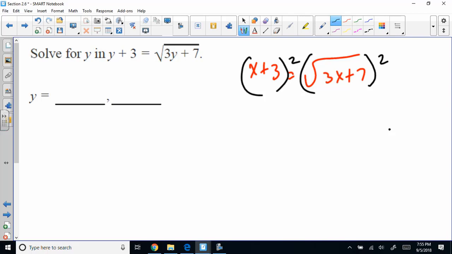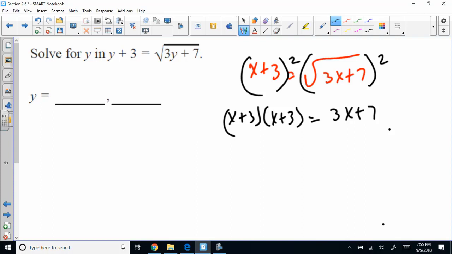That's called a perfect square trinomial. So what we've created is a perfect square trinomial. That's going to be x plus 3 and x plus 3, right? Equals 3x plus 7. And guess what you're going to get? A nice little quadratic, right?